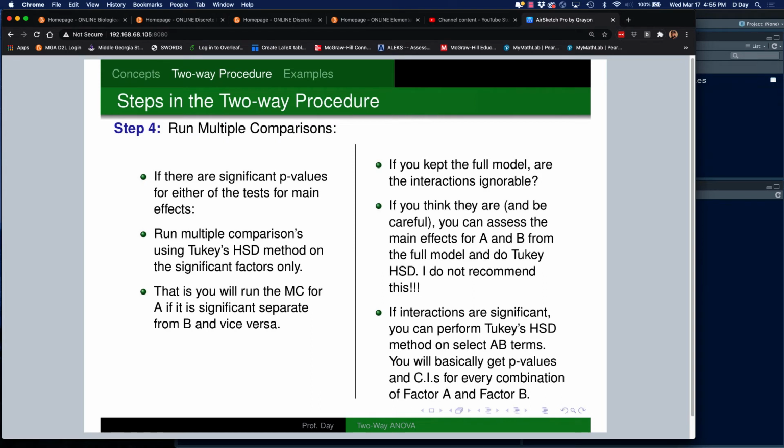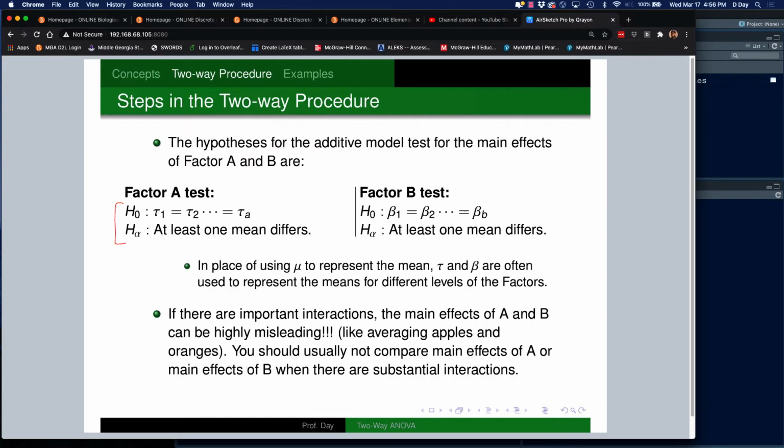So step 4, of course, is just like the last thing we did after we found the significant result from our one-way ANOVA. If factor A has a significant result and/or factor B has a significant result, whichever ones are significant once we run our additive model, we're going to do multiple comparisons on both separately.